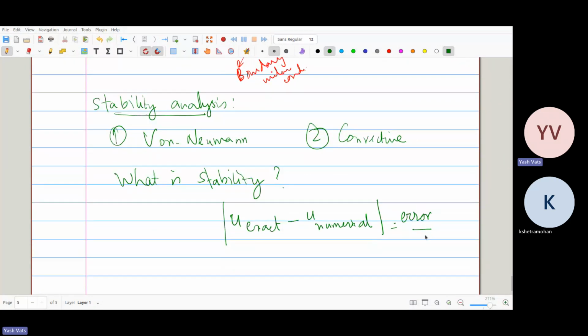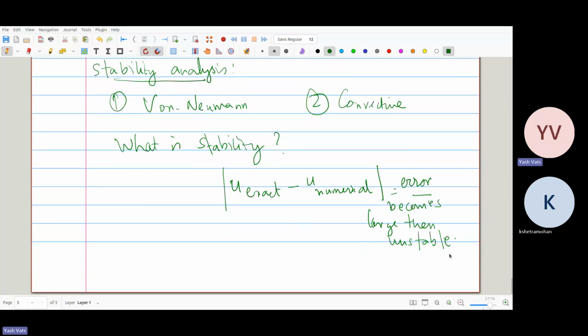If this error becomes very large, then your numerical method becomes unstable. So we want the error to go towards zero in some way, so that your method will be stable.